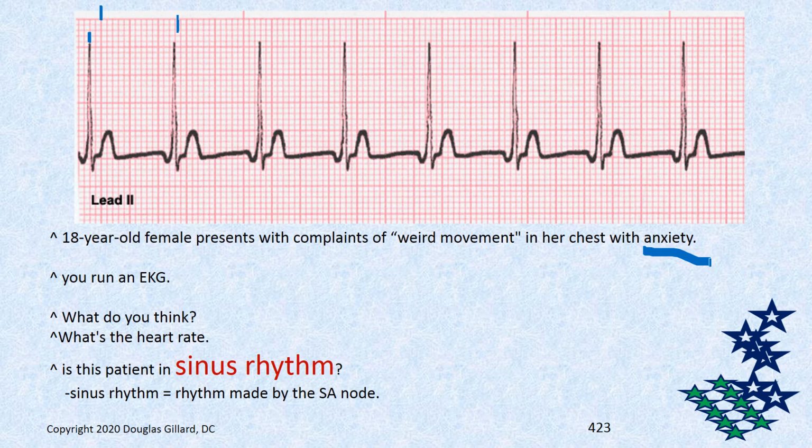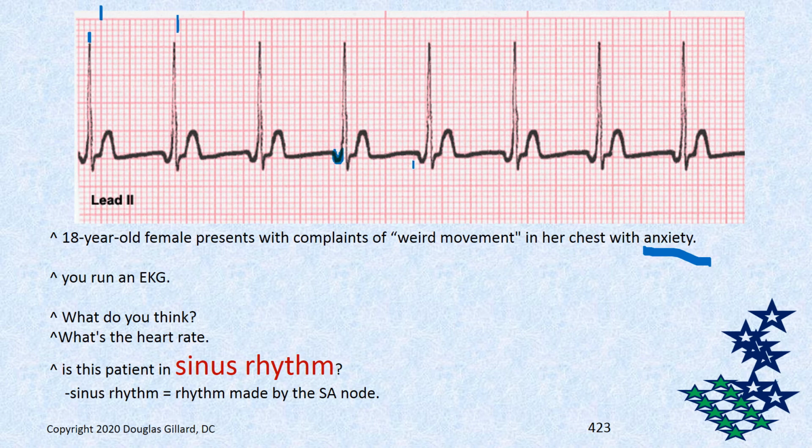But when we look at the EKG, this is more than anxiety. How can I tell that? Good, some of you got it. Where is the P wave? It's upside down. And where's the PR segment? It's non-existent. All right, so this is a junctional rhythm. Technically it's at least 100, so it's a junctional tachycardia going on here.